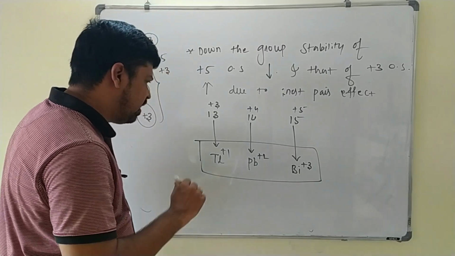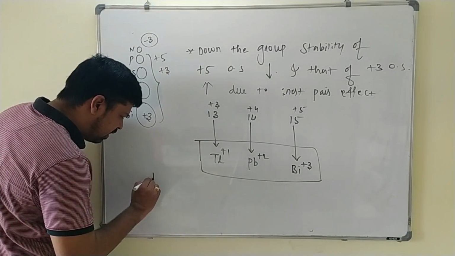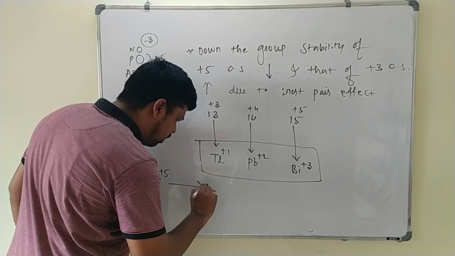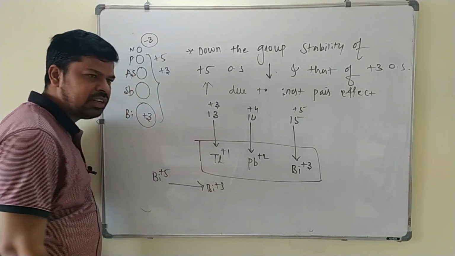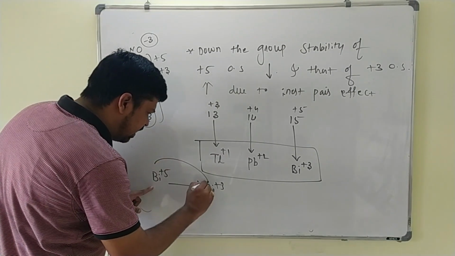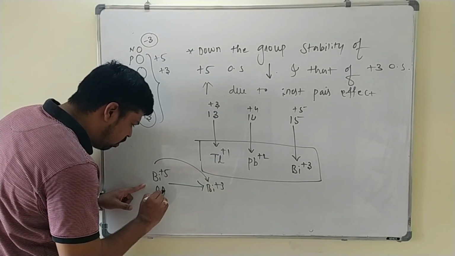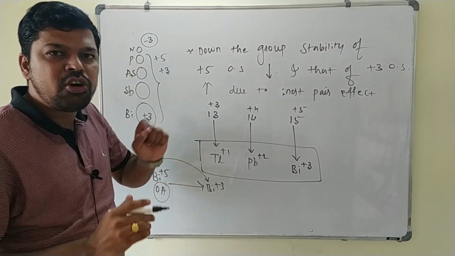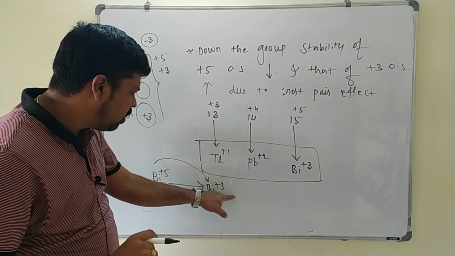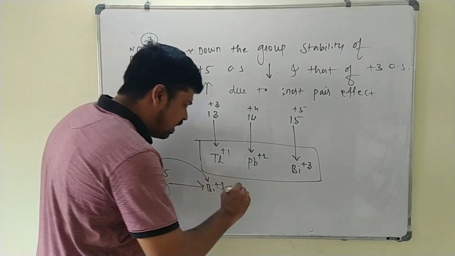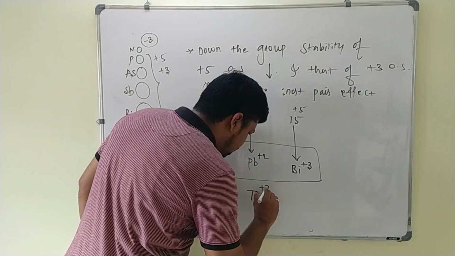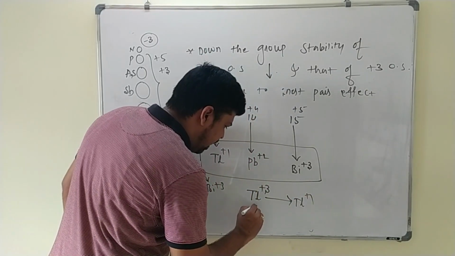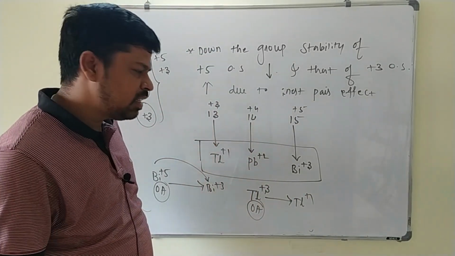Suppose I write bismuth in the +5 oxidation state, this is highly unstable, readily it will convert into +3 oxidation state. Since it undergoes reduction, it is acting as a strong oxidizing agent. Bismuth in the +5 oxidation state is a strong oxidizing agent because readily it will convert into +3. Thallium in the +3 oxidation state readily converts into +1. Hence again it is a strong oxidizing agent.